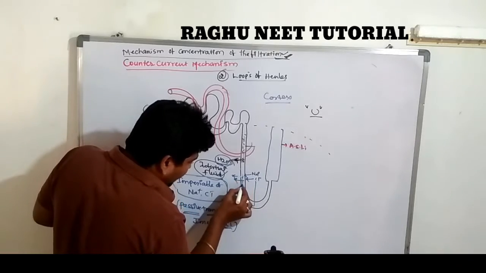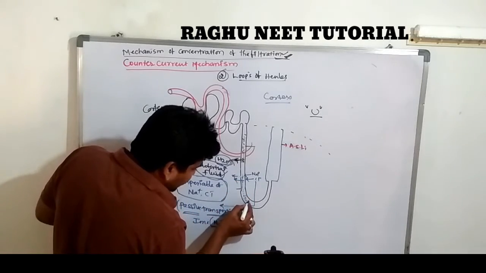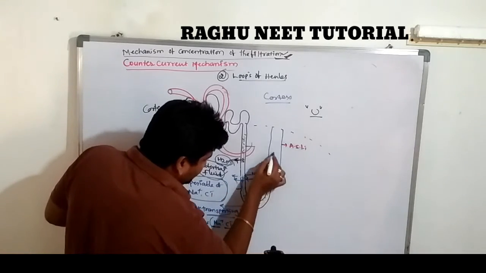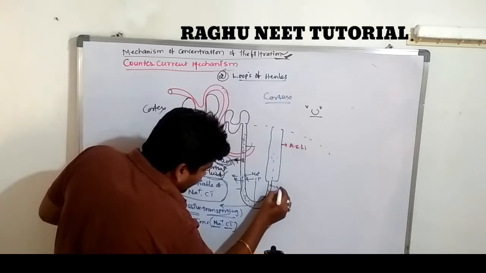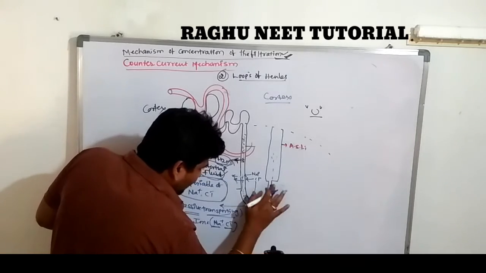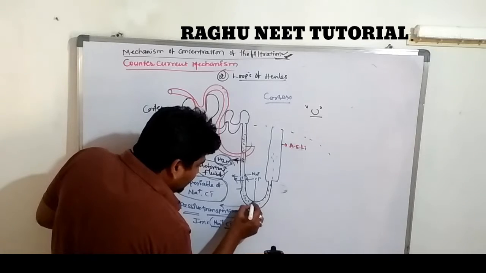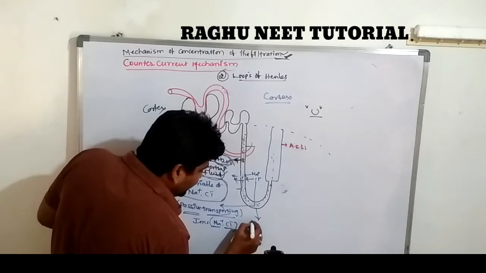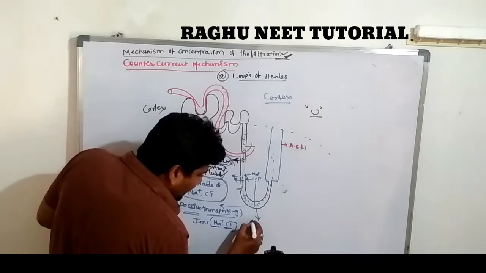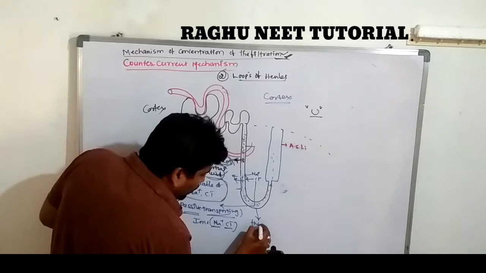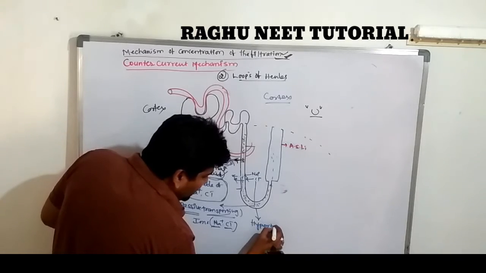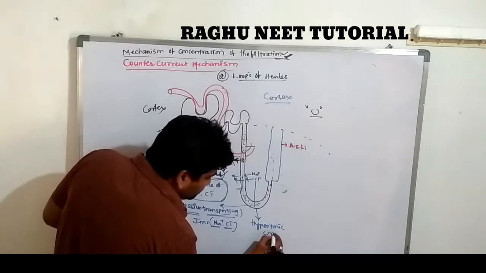So the sodium and chloride ions enter the ascending limb. After this, the fluid enters the loop, known as the Henle's loop. This Henle's loop contains hypertonic urine.